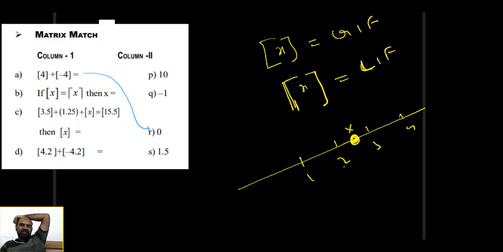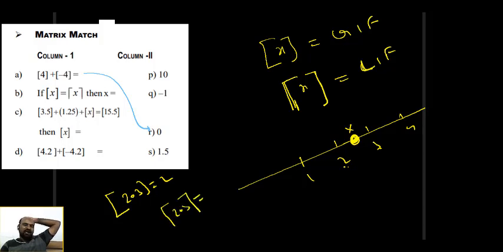For x equal to 2.3, the greatest integer is 2, and the least integer should be 3. That is the definition of the least integer function, LIF.